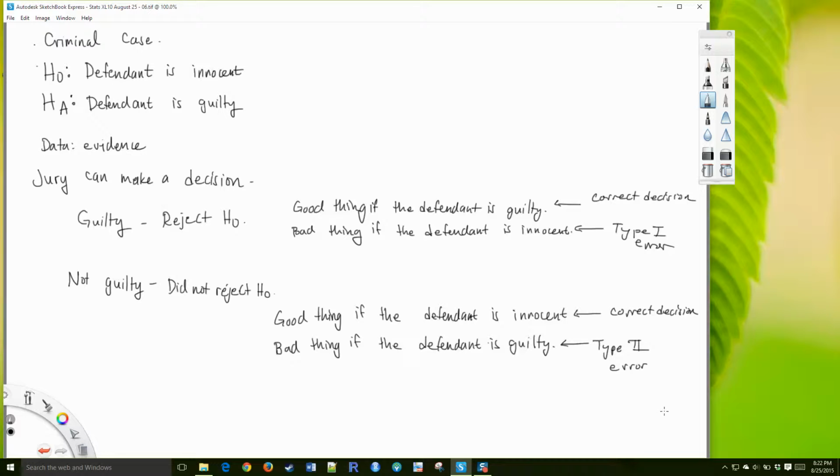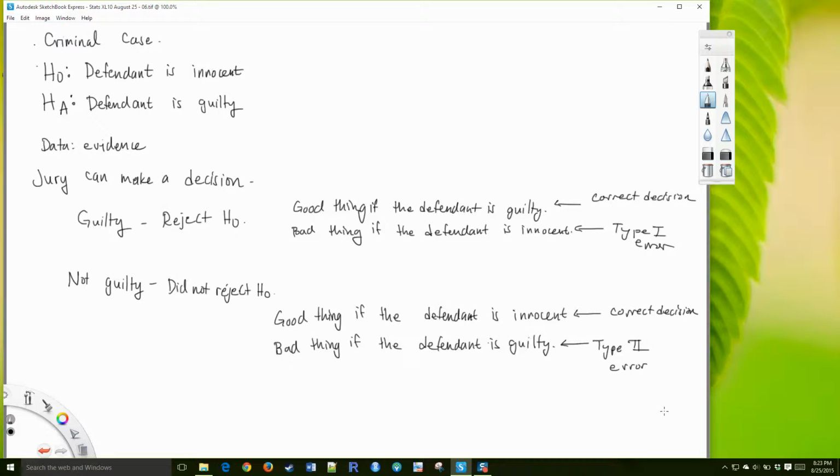But some mistakes are going to be made because we don't have all the data or all the evidence possible, okay? And so you can either choose to let some guilty people go free, or you can choose to imprison some innocent people, okay? Or possibly execute, depending on the severity of the punishment.